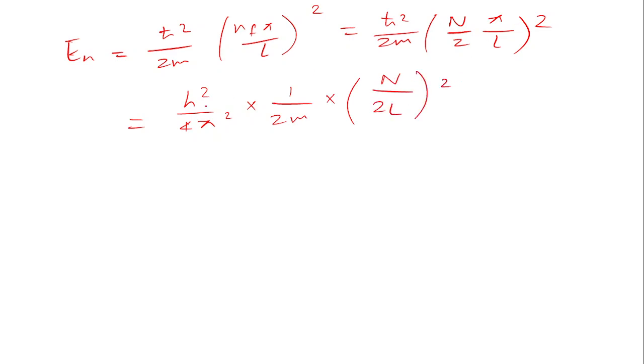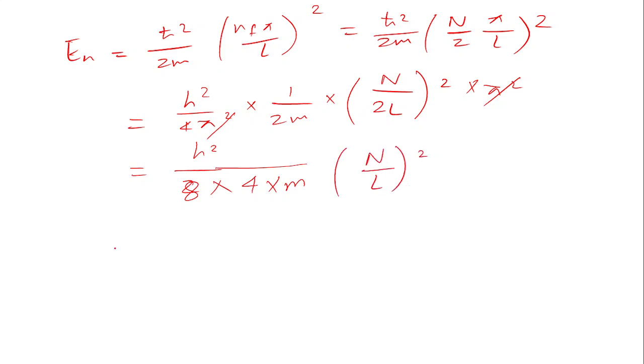If I take out pi square, then this and this cancel. I will be left with h square by 8m, multiplied by n by 4, so this will be 8, and this will be 2 square, meaning 4, and I have m. It will be n by L square.